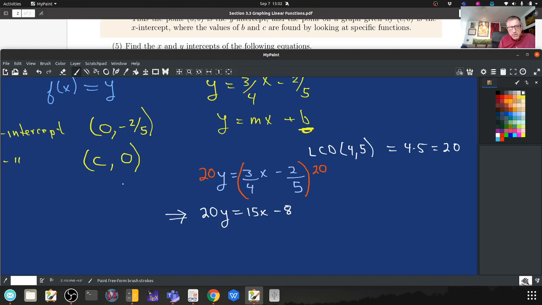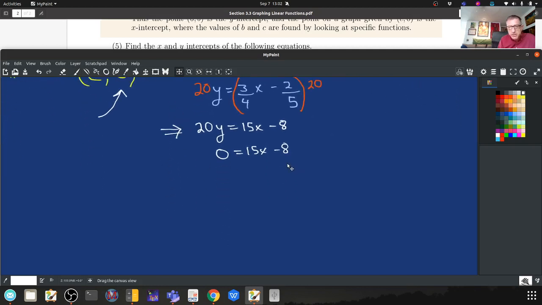So now what do we do? We set the value of y equal to 0. So 20 times 0 is 0, which is equal to 15x minus 8. And we solve for x. Solving for x here is really simple.